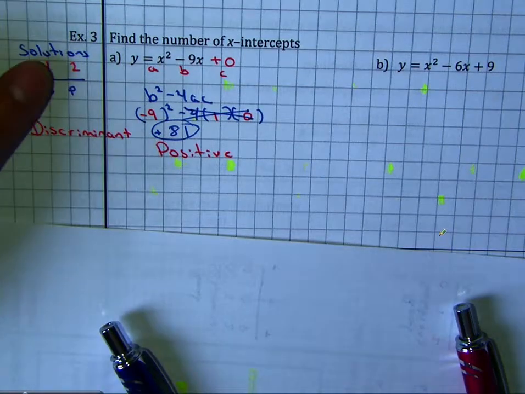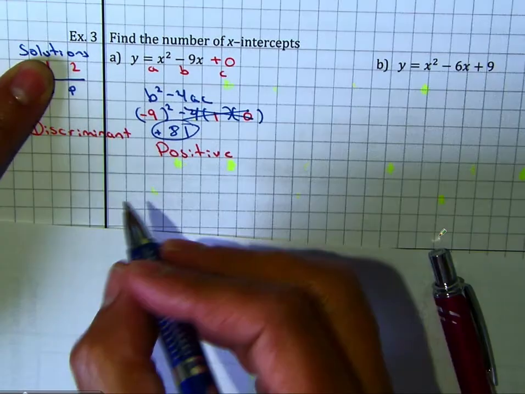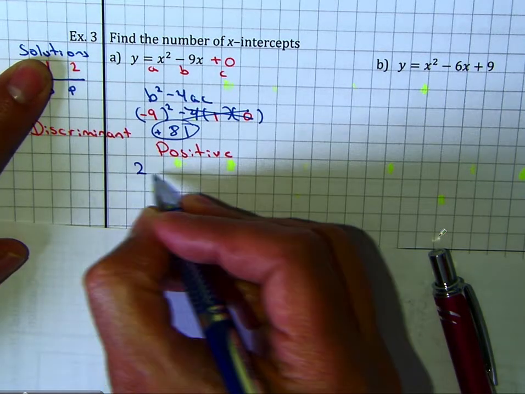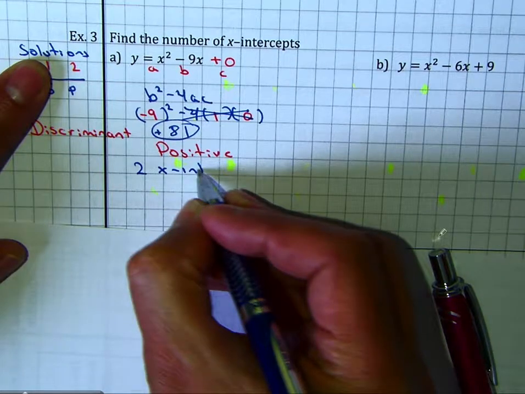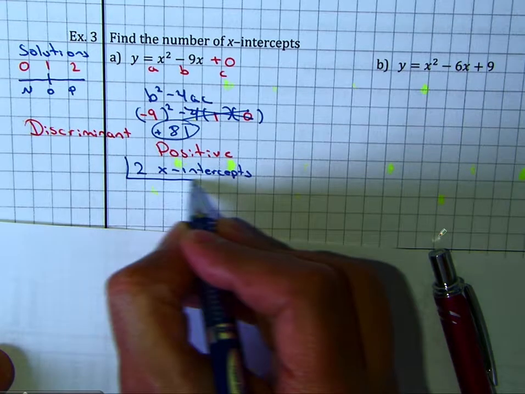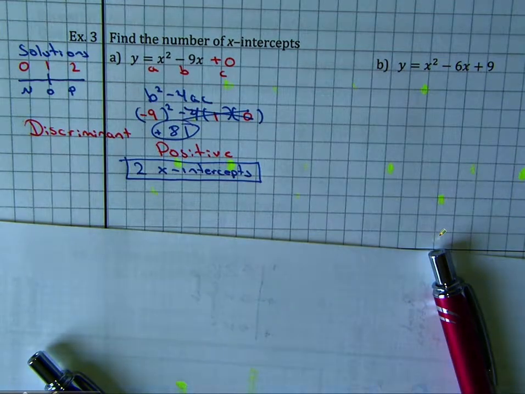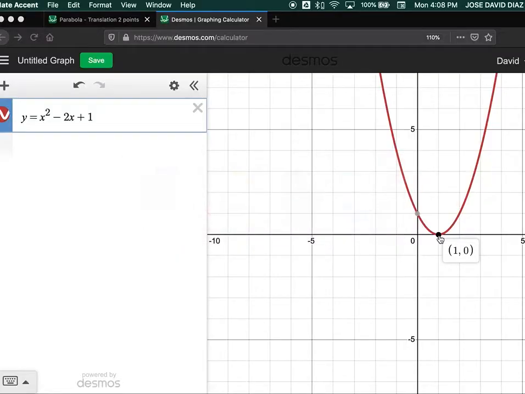If it's positive, it has 2 solutions or just 2 x-intercepts. And if we graph it, it should cross your x-axis twice.